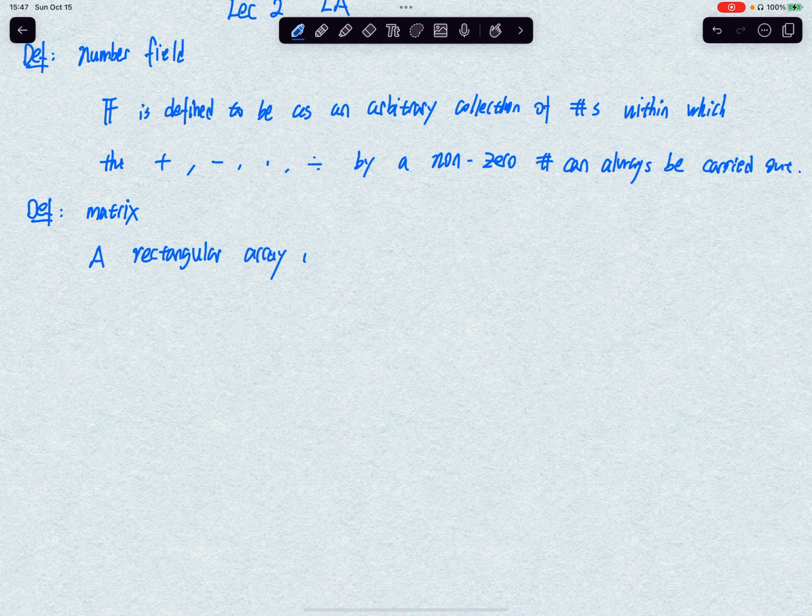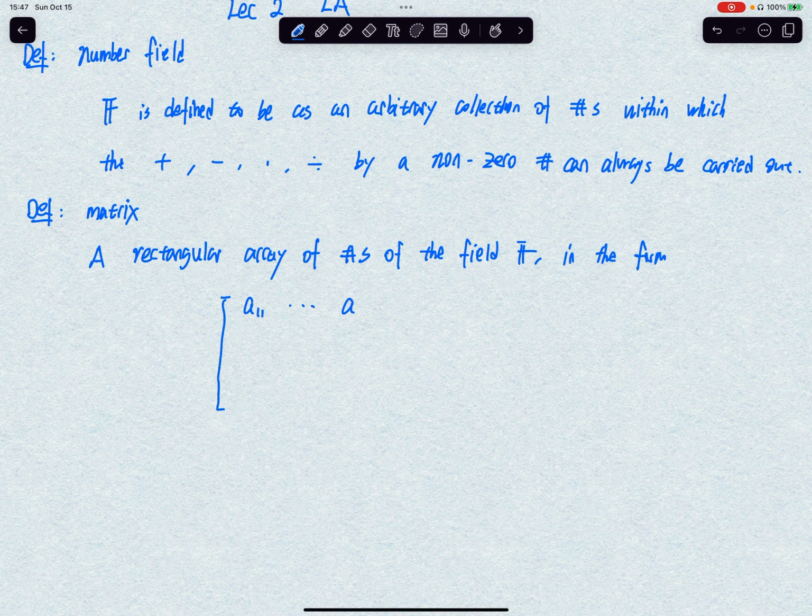So a rectangular array of numbers of the field F in the form A11 to A1n to Amn. Sorry, so this is A1n to Amn.